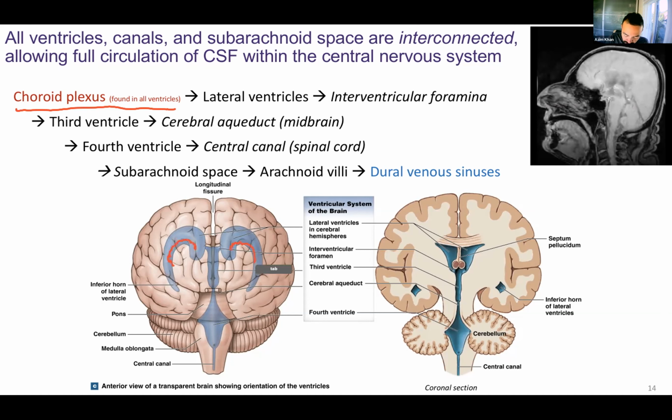I'm drawing it in the picture on the left and also a little bit in the picture on the right. So from there, we can get cerebrospinal fluid produced in the lateral ventricles.